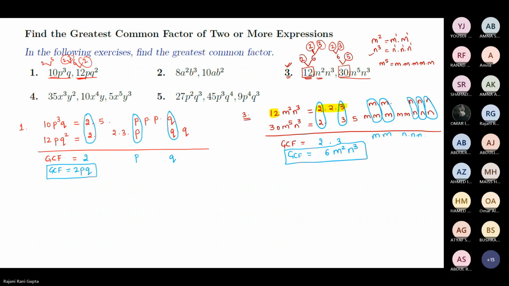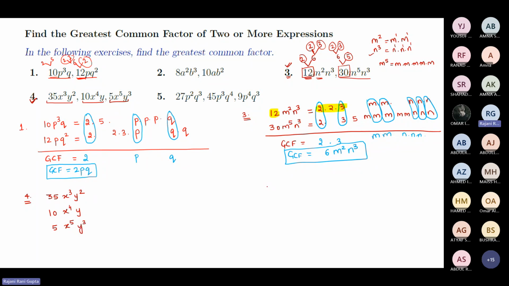Okay, let's do 4 together. Note that in question number 4, you have 3 terms: 1, 2, and 3. So you write 35 x power 3 y square, then 10 x power 4 y, and then 5 x power 5 y power 3.